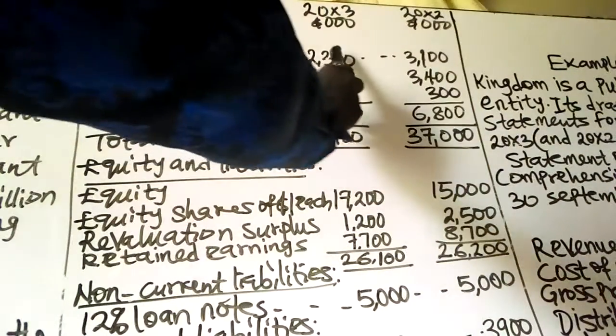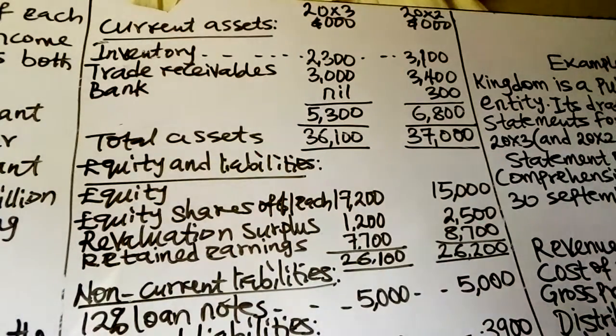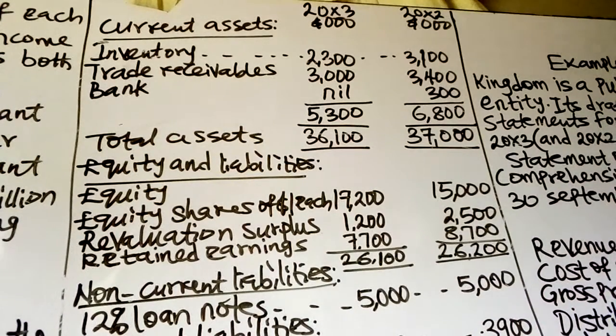Since the closing is lower than the opening, that means inventory has reduced. This is a decrease in inventory. I've told you that a decrease in inventory should be added, while an increase should be subtracted.